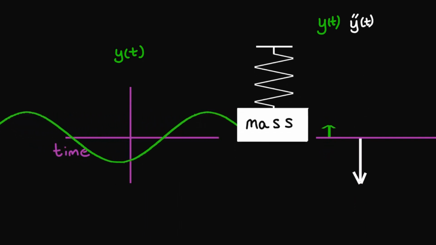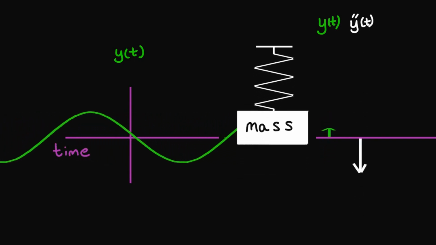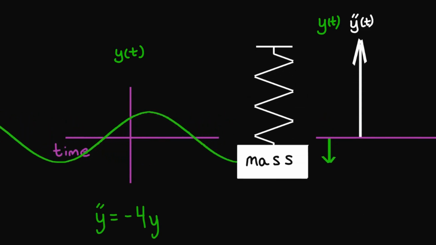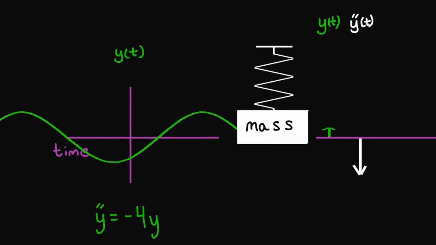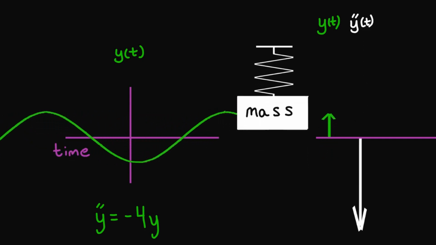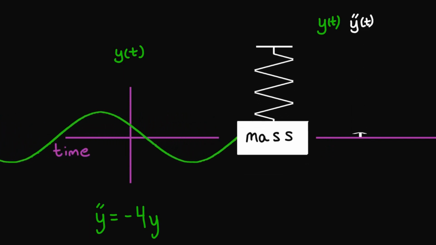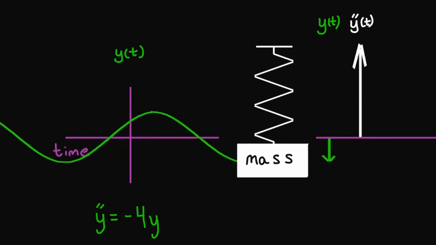I'm going to say that it looks like y double prime of t is equal to negative 4 y of t. Before I move on, you may be wondering if the white arrow really represents the acceleration of the block, or how I determined the white arrow. Just pretend that it does represent the acceleration for the sake of this example.